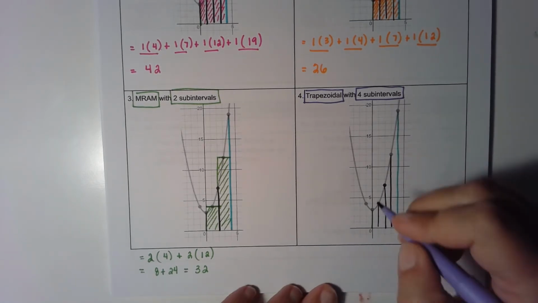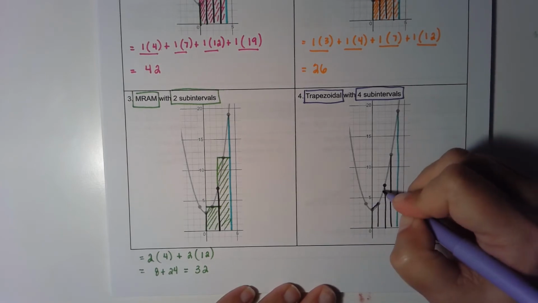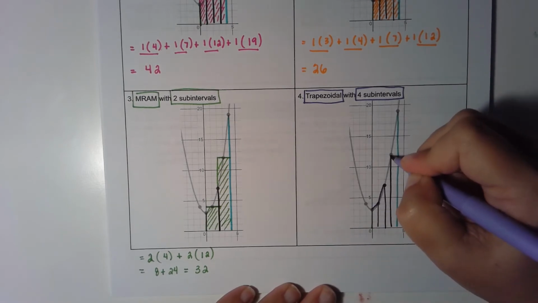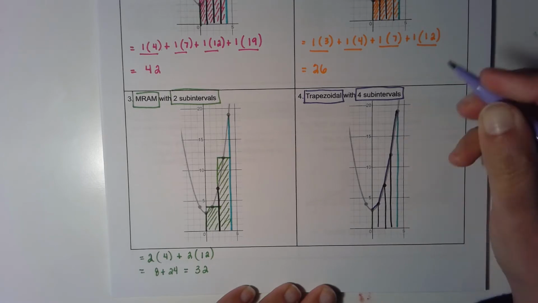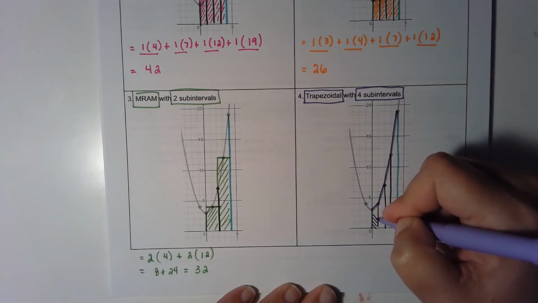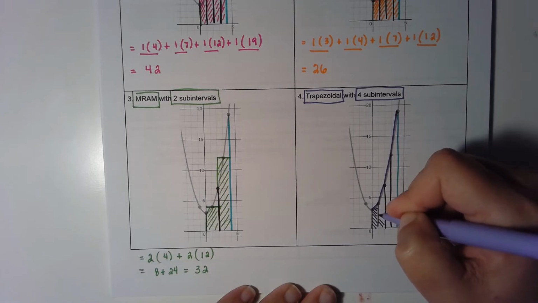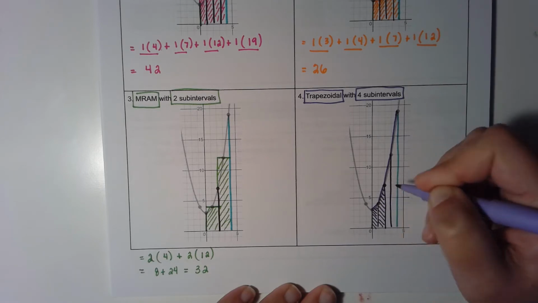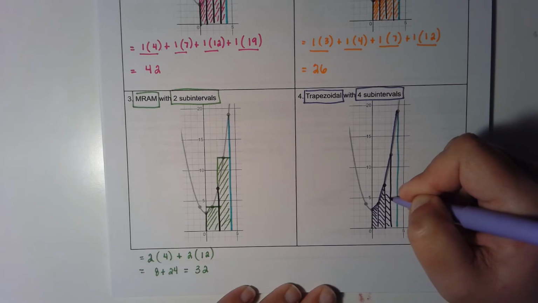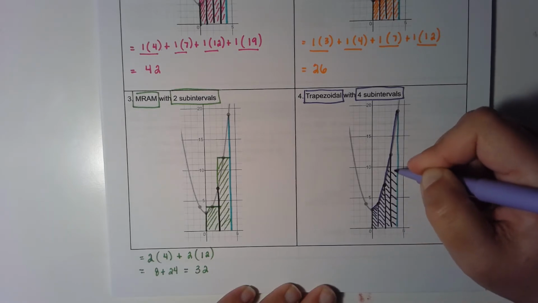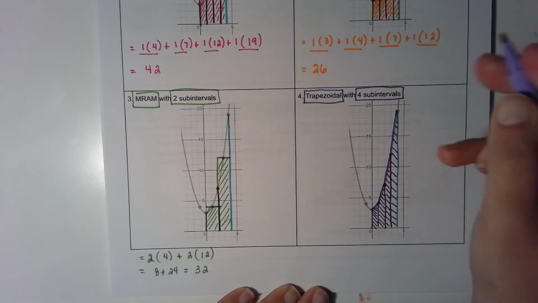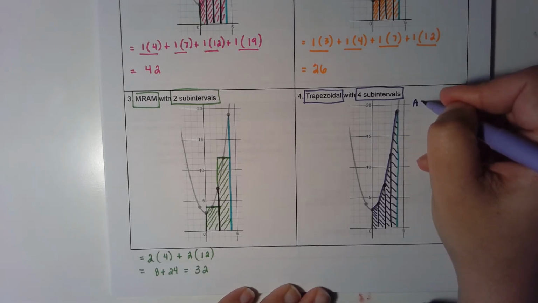Now for trapezoids, we're going to be connecting the endpoints. So you can see I'm not using just the left and I'm not using just the right. I'm actually connecting the dots. And you can see here's my first trapezoid, here's my second trapezoid, here's my third trapezoid, and then here's my 4th trapezoid.